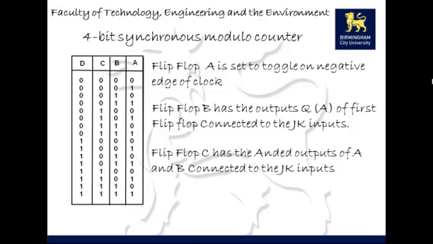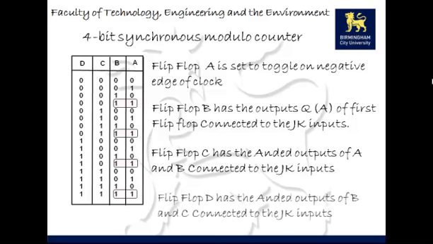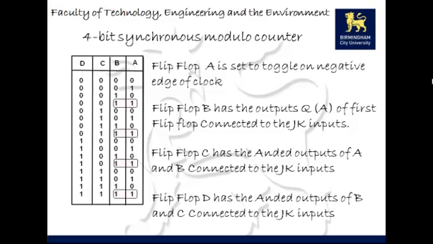Flip-flop C has the ANDed outputs of A and B connected to the JK inputs of the third flip-flop. And flip-flop D has the ANDed outputs of B and C connected to the JK inputs. See there? And there. At those points, D is allowed to toggle. And continuing this way, you can make an n-bit modular synchronous counter.